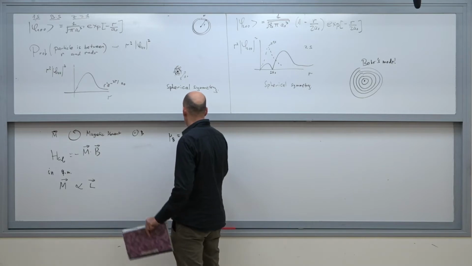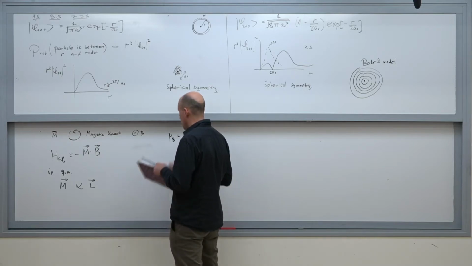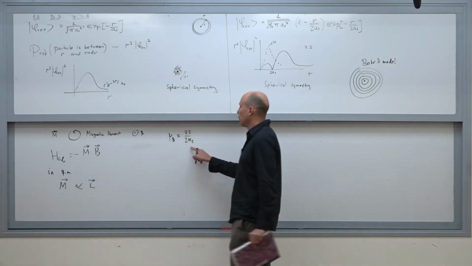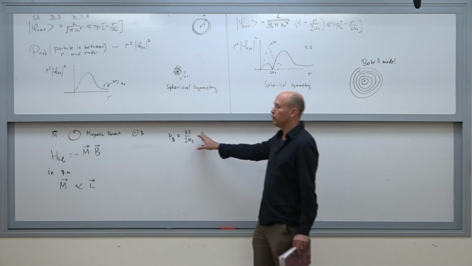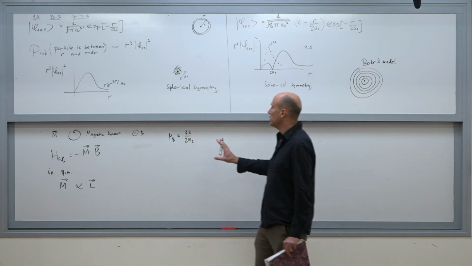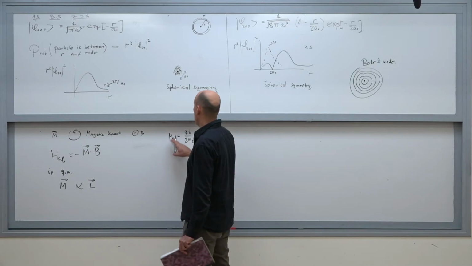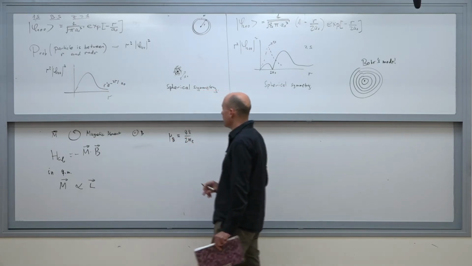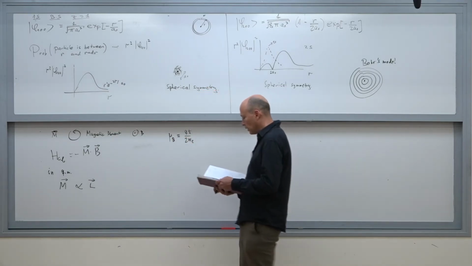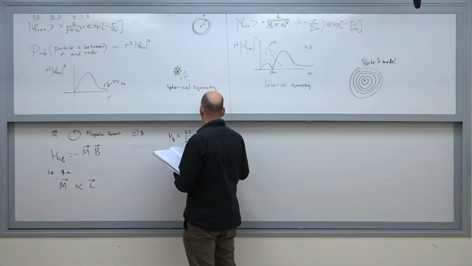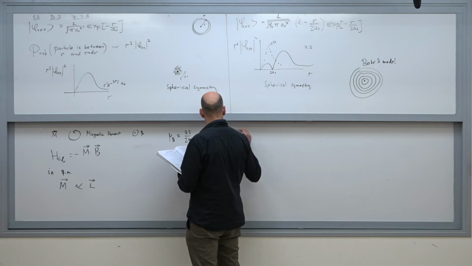It's defined like this: q h bar over 2 m_e, where q is the charge of the electron. This is only for the electron. For the proton, you'll have a different mass. So this is the magnetic moment of the electron. This particular value is minus 9.27 times 10 to the minus 24 joule per Tesla.